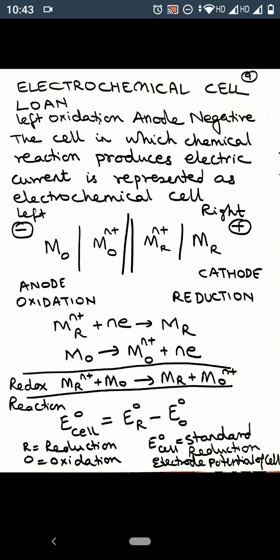Anode is oxidation and cathode is reduction. A redox reaction is shown where R represents reduction, O represents oxidation. E0 cell is the standard reduction electrode potential of the cell.